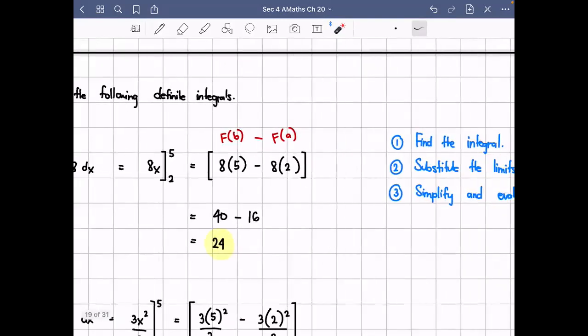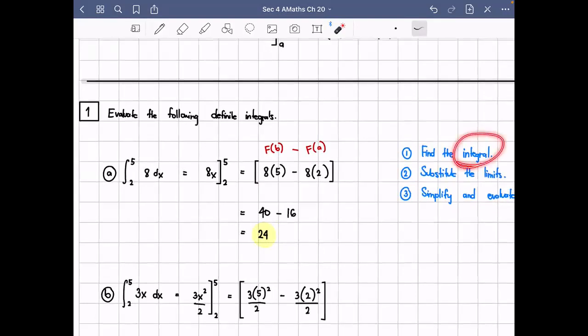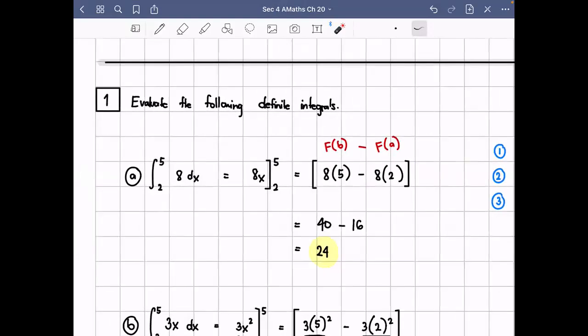Again, the first step is to find the integral. That's what we did here. Next is to substitute the limits: upper limit minus the lower limit, so start from 5 and then minus 2. Then we simplify and evaluate. That's why your answer here for letter A is 24.